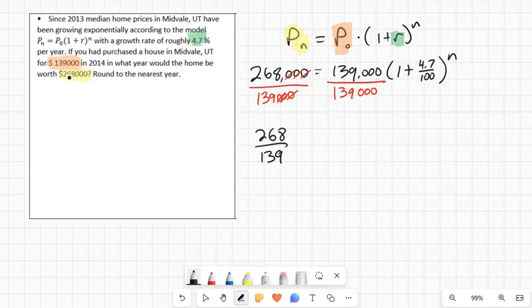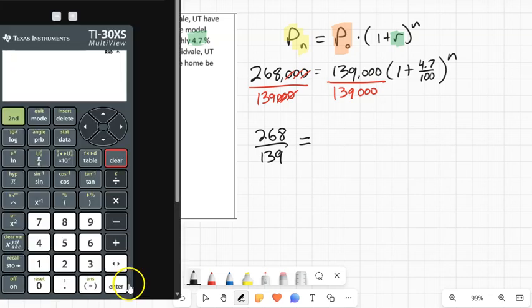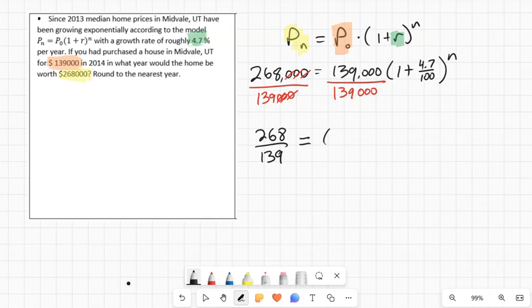But you wouldn't have to, you could leave all the zeros. We aren't going to do the division until the last step when we let our calculator work the whole thing out. We can look at the 1 plus 4.7 over 100. It's a simple number, 1.047 to the n.